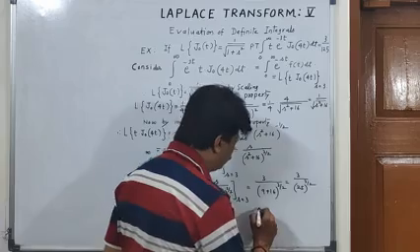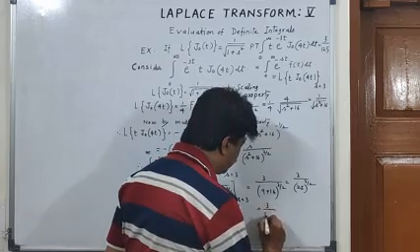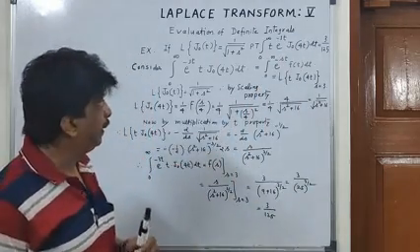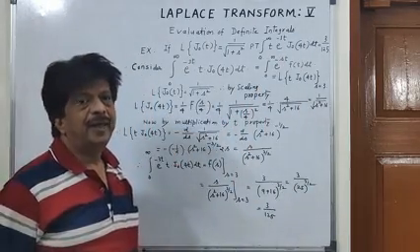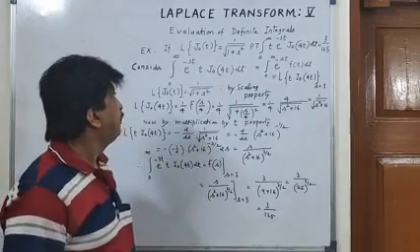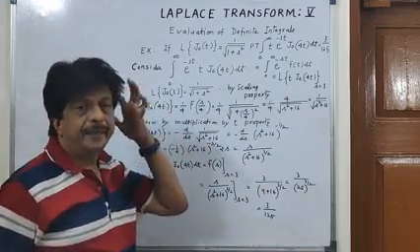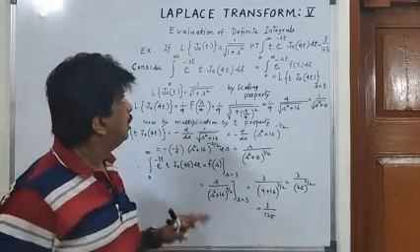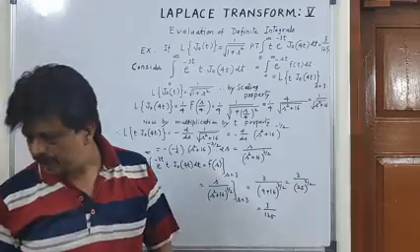So it is equal to 3 upon 125, as required by this problem. So that is how we evaluate the definite integrals. We shall solve one more example.